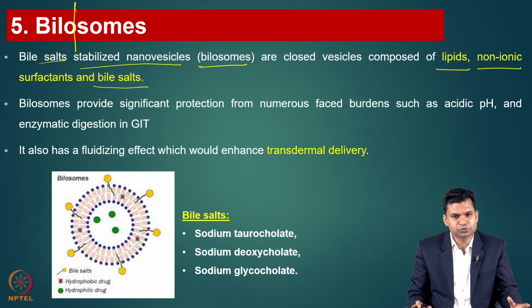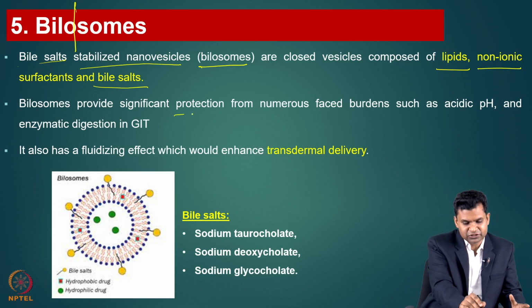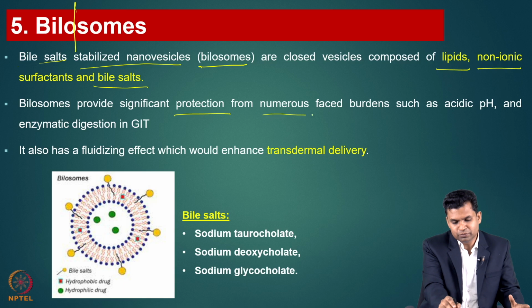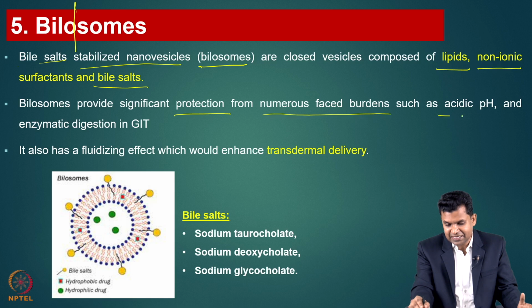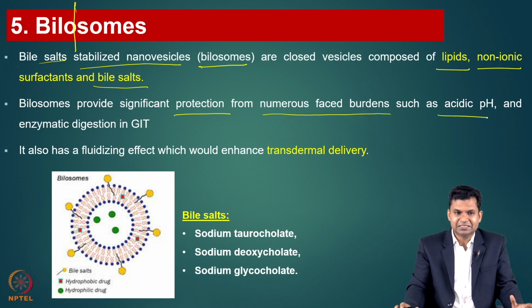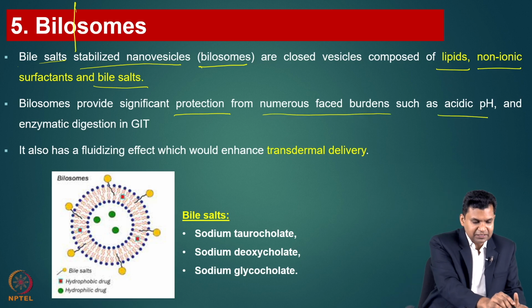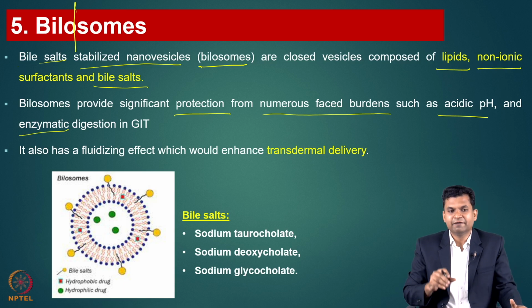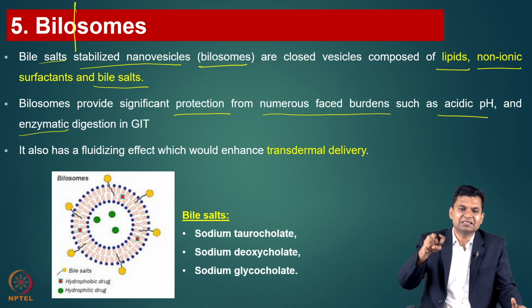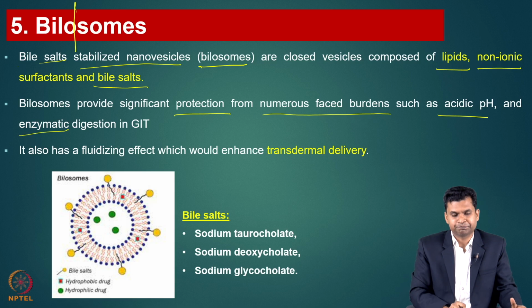So, whenever a new ingredient or new component comes, it must have some special application in the formulation. Bilosomes provide significant protection from numerous burdens, especially in oral application, because of the acidic pH in the GIT and other enzymes present in the GIT environment which will degrade your active molecules.